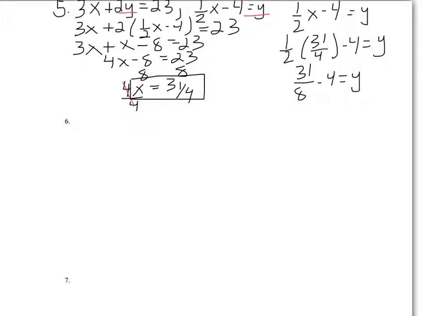Well, let's go ahead and make 4 a fraction with 8 as the denominator, which will become 31/8 minus, multiply by 8/8, you get 32/8 equals y. And then I'll go back this way. Y then equals negative 1/8.